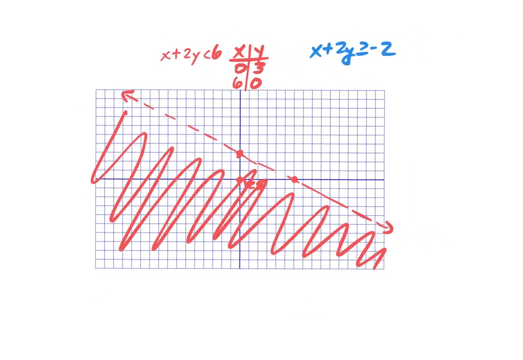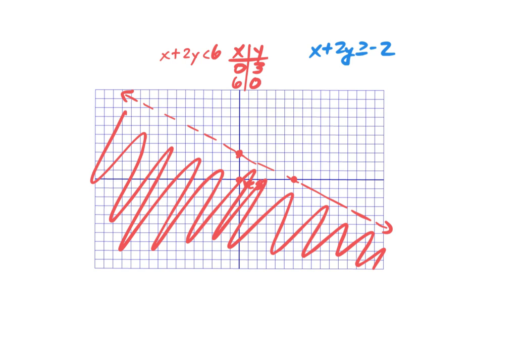Okay, then we're going to do the same thing for the other one. In this case, if I plug 0 in for x, I have 2y equals -2. -2 divided by 2 would be -1. If I put 0 in for y, 2 times 0 is 0, so I have x equals -2.